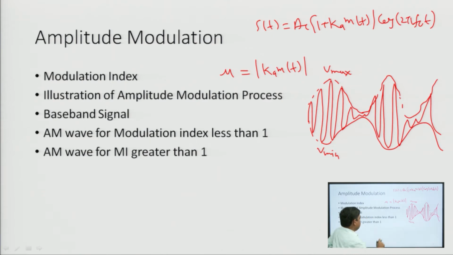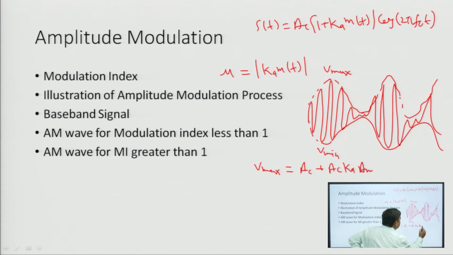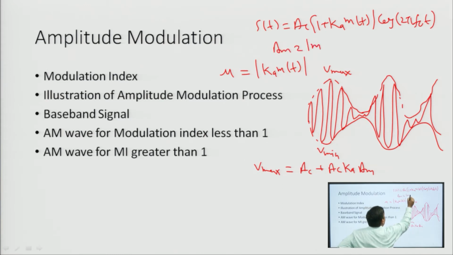Now, V max is basically Ac plus Ac ka Am. Am is nothing but the amplitude of the modulating signal.